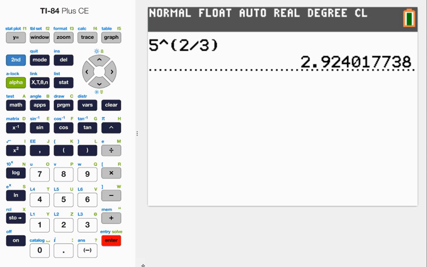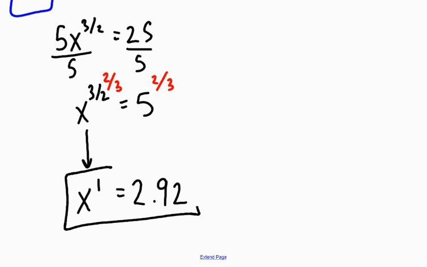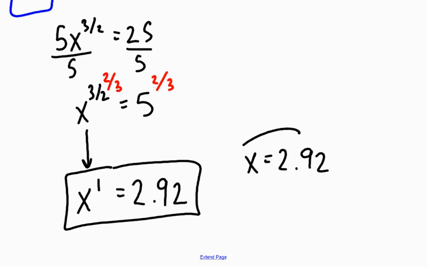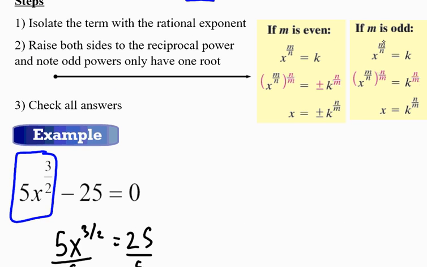It's essentially going to be the cube root of 25. So x equals 2.92. We only have one solution because my numerator power to start, which was a 3, is odd. So you only have one solution.